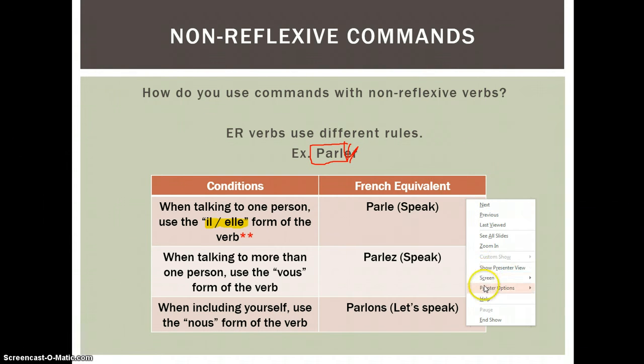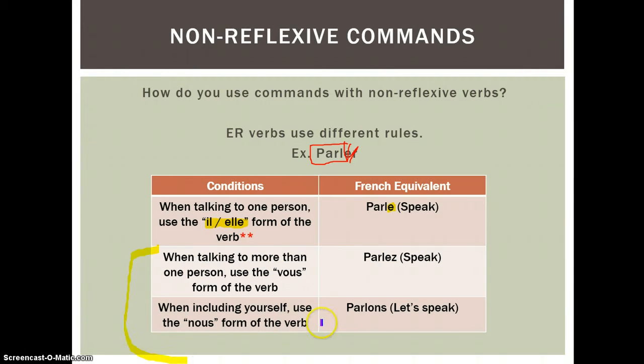And then you simply would add your ending for the il/elle form, which is an E. Okay? If you look back on the previous slides, you'll notice it ended in an S, but that was with the tu form. We're using the il/elle form, so it must end in an E. So parle. There's no change when it comes to these two components.